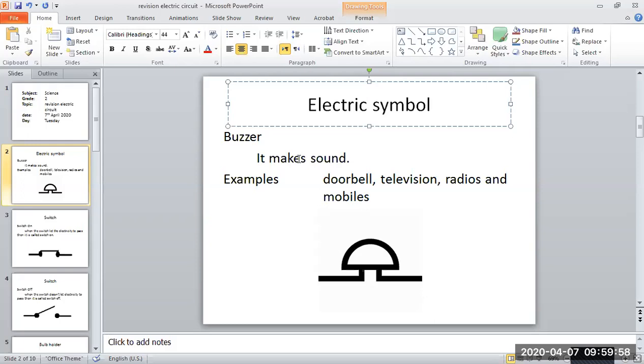Inside that instrument you will find a buzzer. For example, your doorbell, television, radio, and mobile phones have buzzers. Because of that buzzer, that instrument makes sound and you listen. Okay, this is the sign of a buzzer inside the circuit.